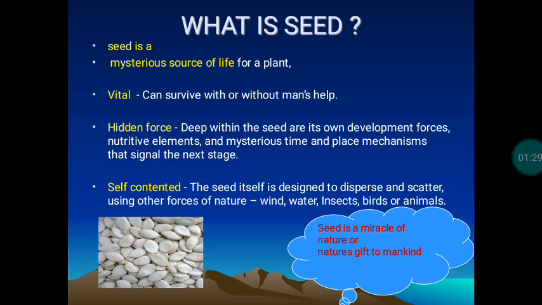It also has hidden forces for its own development, and nutrient elements to take care of its metabolic activity, and it has its own life. So these are all the things with reference to the seed being self-contained.